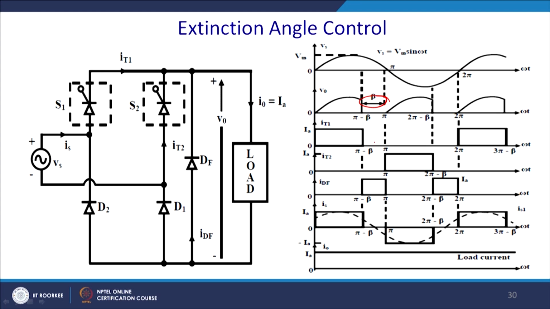This is the current through the thyristors, and the input current is given by this. You can find that the fundamental of this input current is leading, because you have chopped at an angle beta. So, this kind of thing is called the extinction angle control.